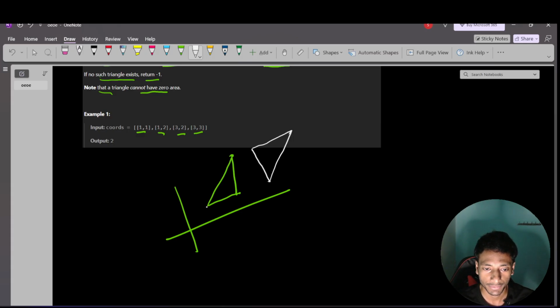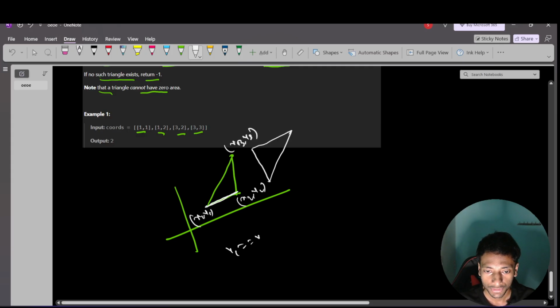If one side is parallel to x-axis, then what is the condition? Suppose this is x1 comma y1, this is x2 comma y2, and this is x3 comma y3. This is parallel to x-axis, that means y1 is equal to y2, correct?